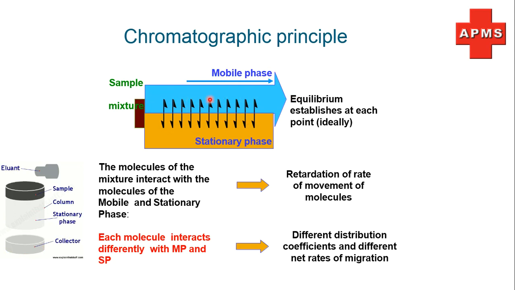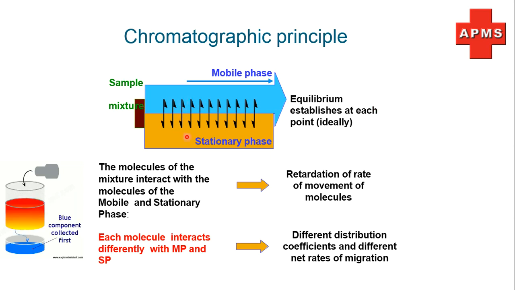Okay, when it moves inside the column and goes through this stationary phase, the components of the sample are solubilized in the stationary phase and make a type of equilibrium in between.